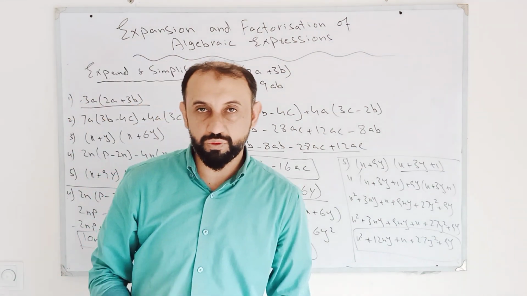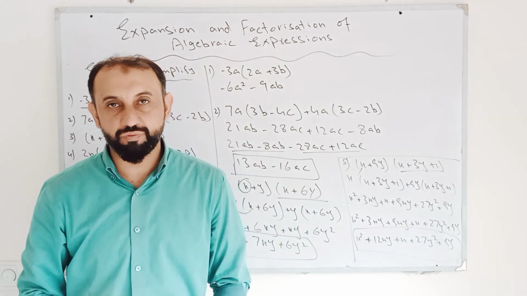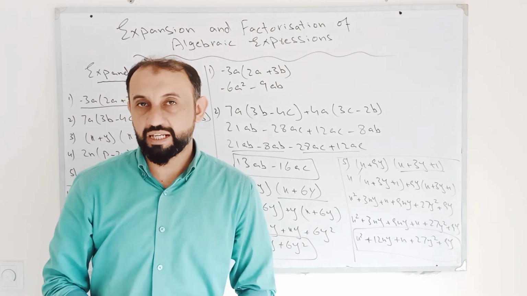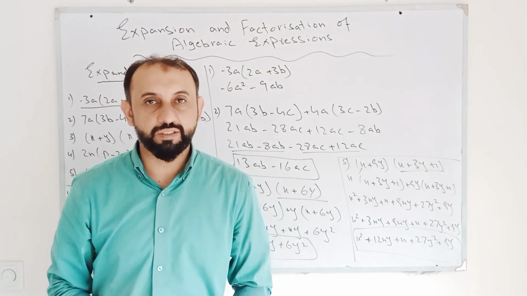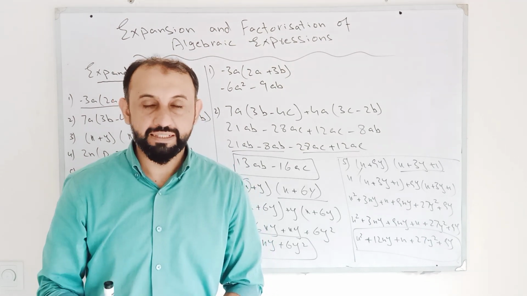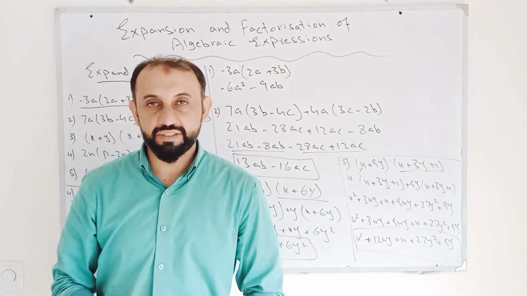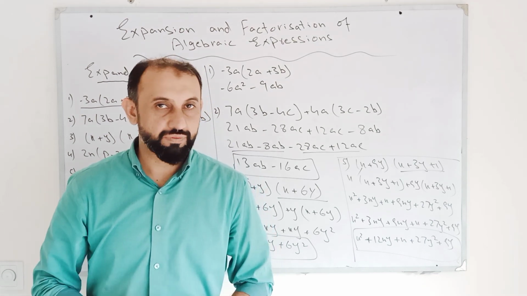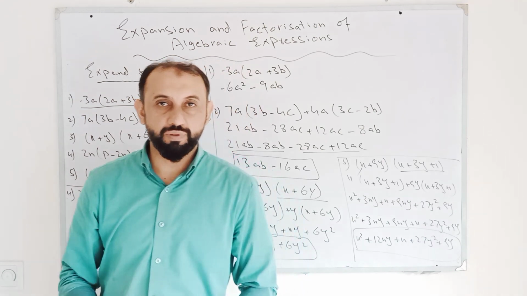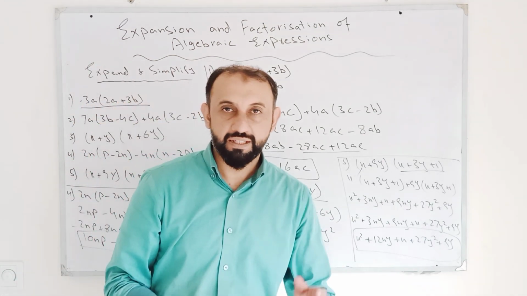So also students, in the questions of the expansion and factorization of algebraic expressions, we have simplification and expansion. When we have two brackets, (a plus b) as the first bracket and (c plus d) as the second one, you choose one value of the first bracket and multiply it by the second one.